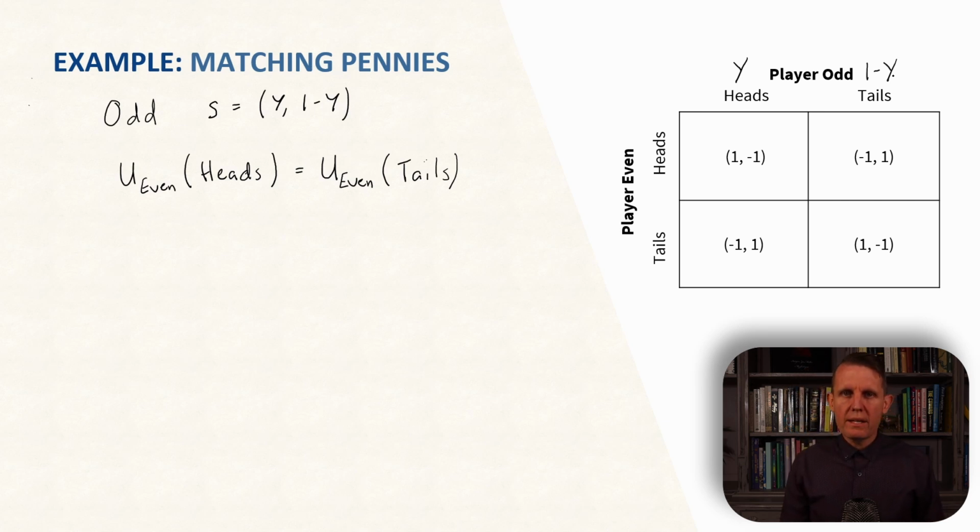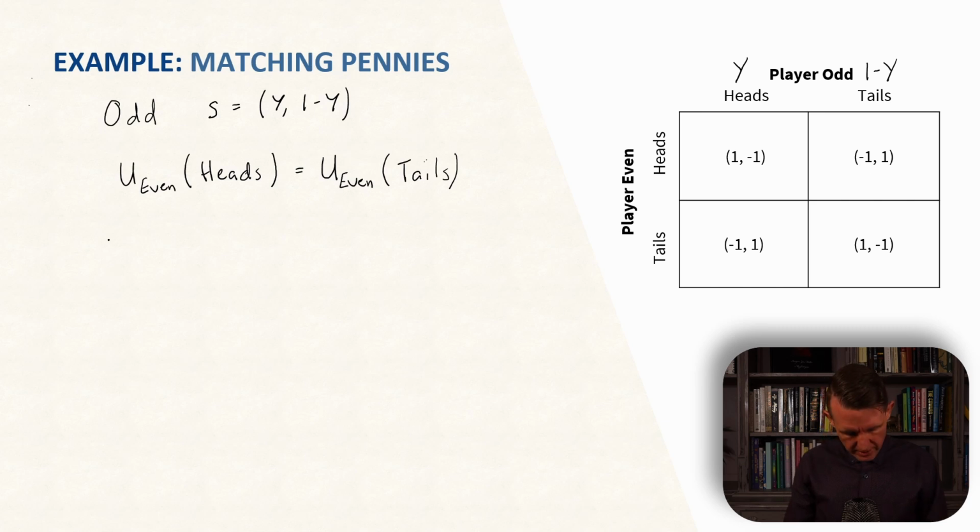We can now specify a constraint for what the expected utility of even is for playing heads. Let's define what this expression would be. So if even played strategy heads, then the expected utility would be y, which is the probability of player odd playing heads, multiplied by the outcome even would receive, which is 1, plus 1 minus y times the outcome that even would receive for playing heads, which is minus 1.